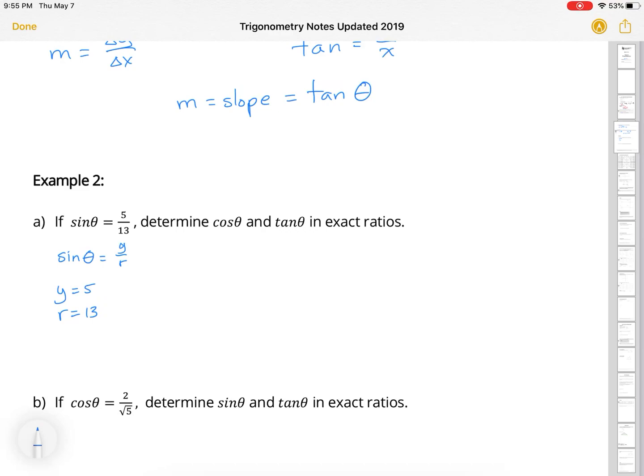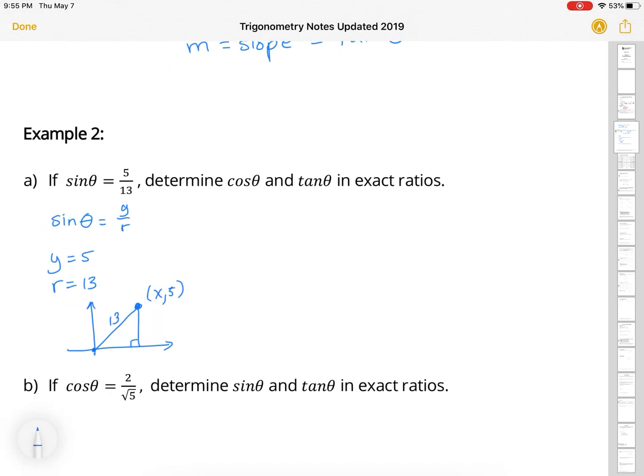So that means that y equals 5 and r equals 13. We want to think about that in terms of our triangle. So if we draw our point here, we know that y is 5, we don't know what x is, and we know that r is 13.